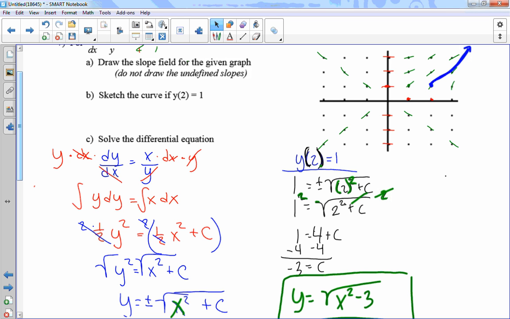Okay? So we have the slope fields. Now that one, x over y, is one we just did, right?